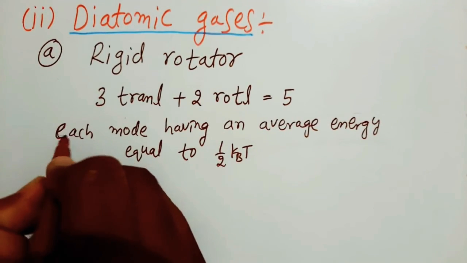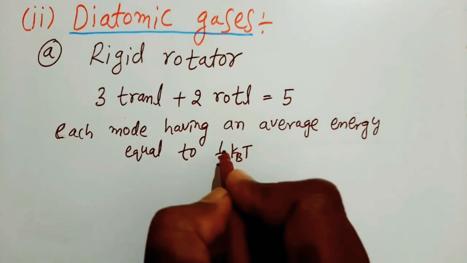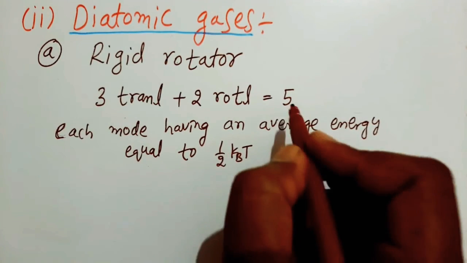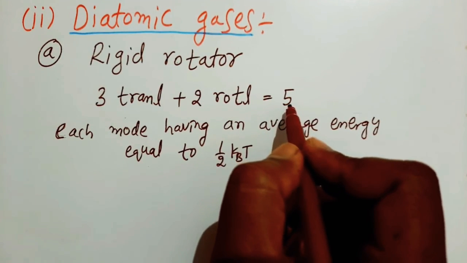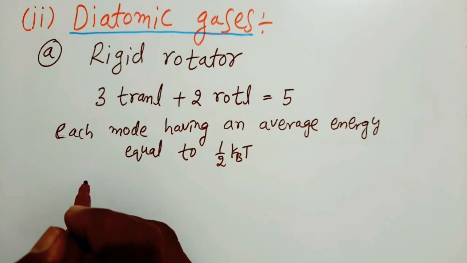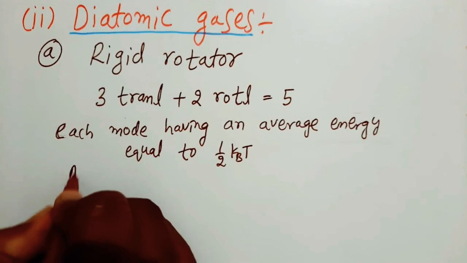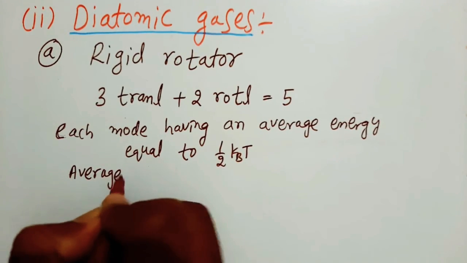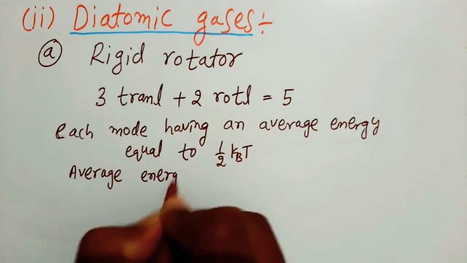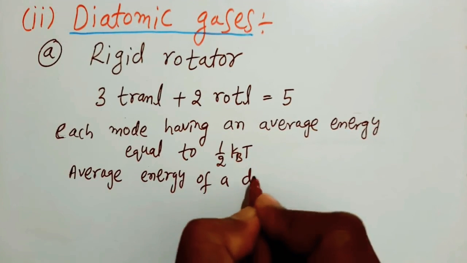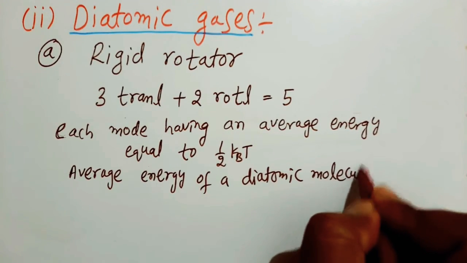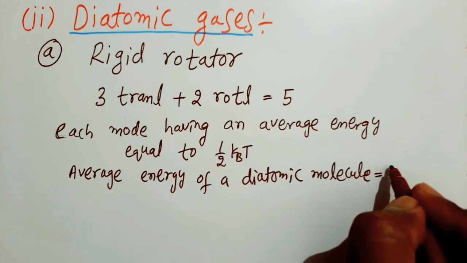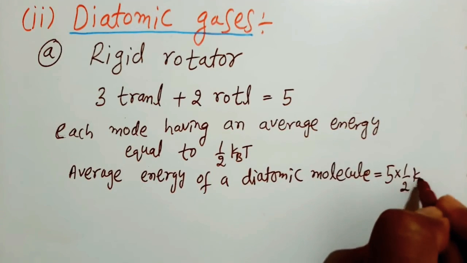Here in a rigid rotator it has 5 modes, so the average energy of a diatomic molecule is 5 into 1/2 kBT.